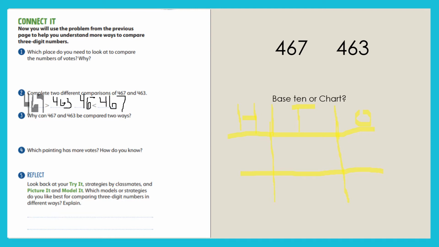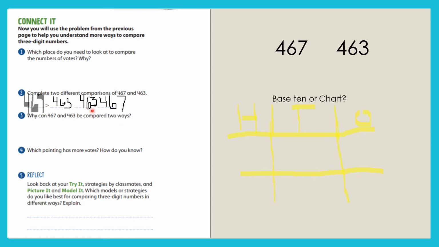All right, I'll write the 3 there. And it reads 467 is greater than 463, and 463 is less than 467.